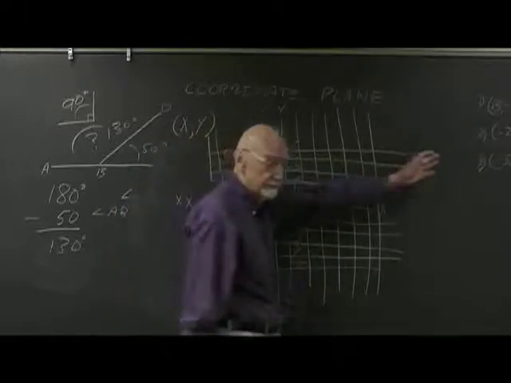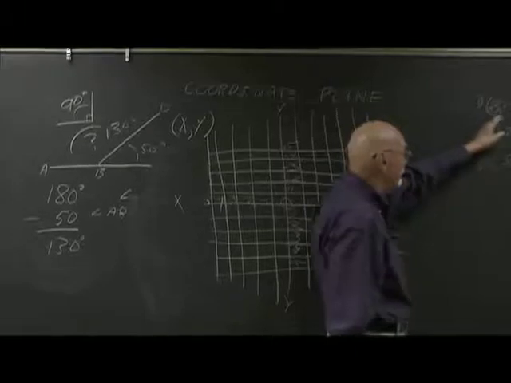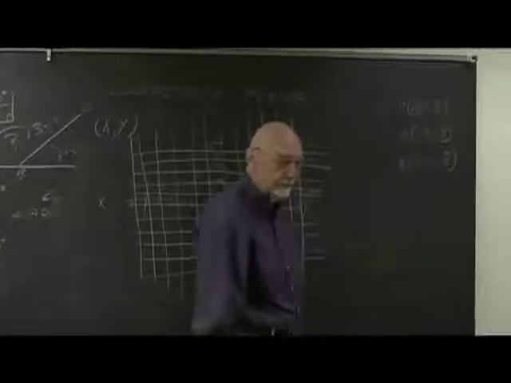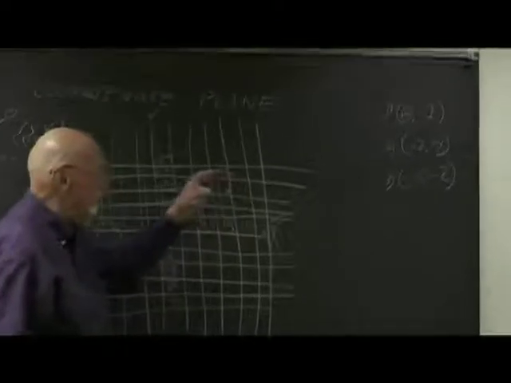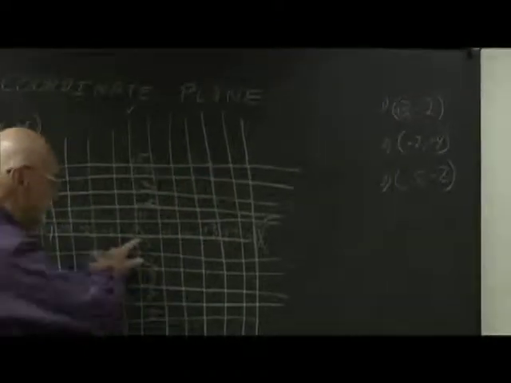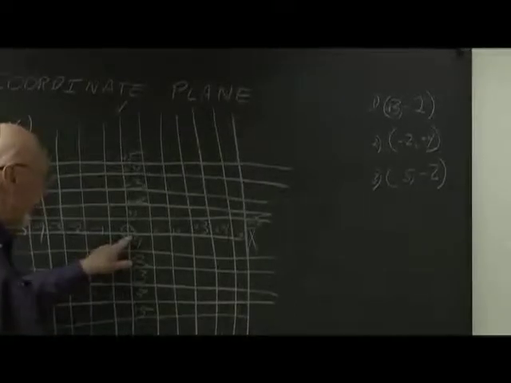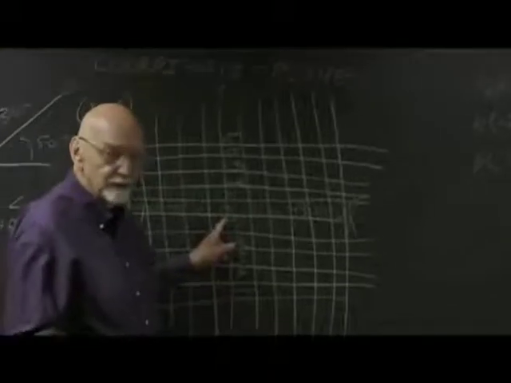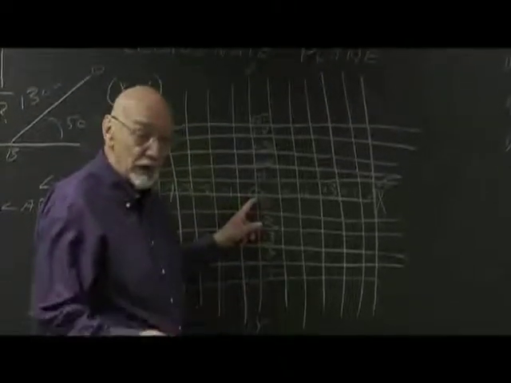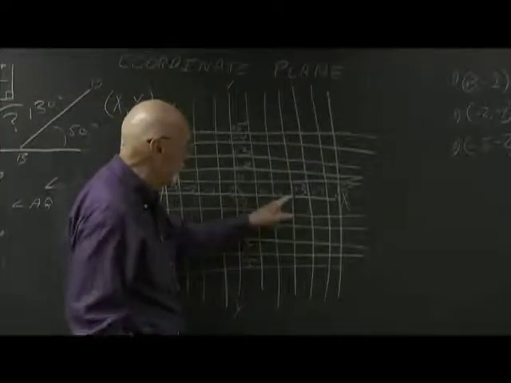Here are some addresses we want to locate. +3, -2. We know the x comes first, so that +3 has to go this way on the x-axis. We count. This is not difficult math. This is counting and pointing. 1, 2, 3.